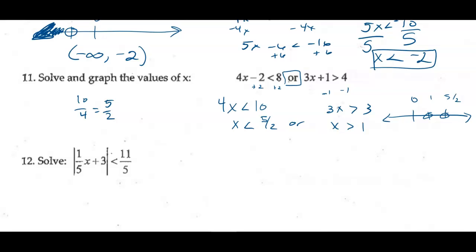If it were an and, you can only include those parts of the number line that satisfy both equations. But no, because I'm going this way, and this one I'm going that way. It ends up being all real numbers. So your solution is the entire number line, and x is all real numbers.